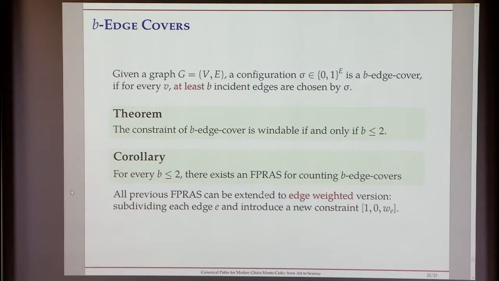So all previous FP-ROS can be extended to the edge-weighted versions, as long as the ratio between the two classes of configuration is bounded. So this is the FP-ROS we obtained from this method.